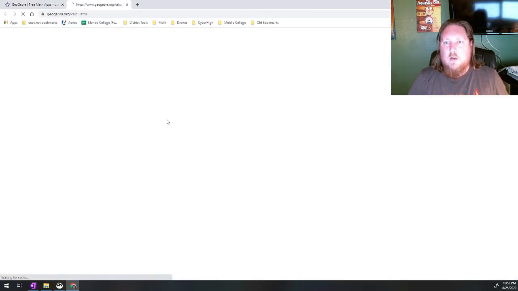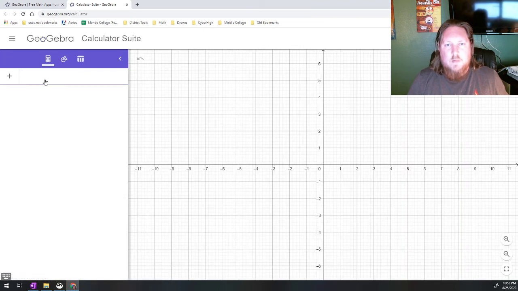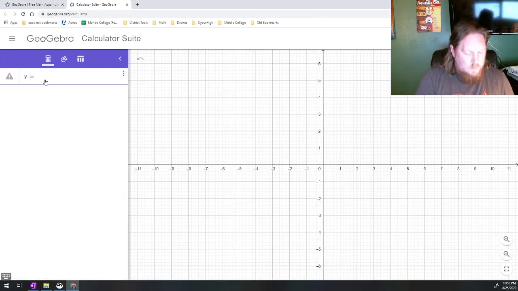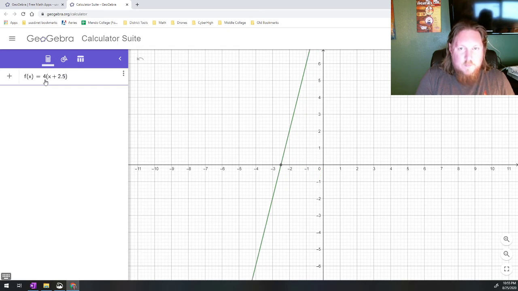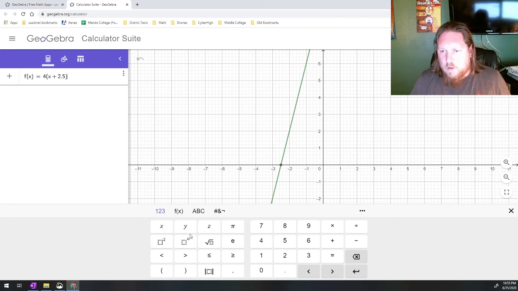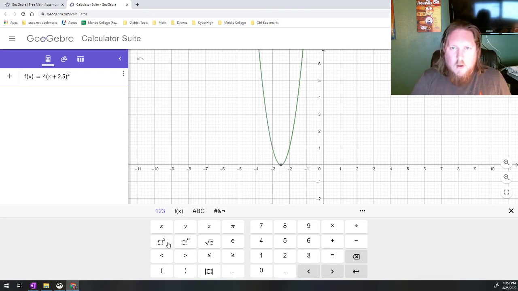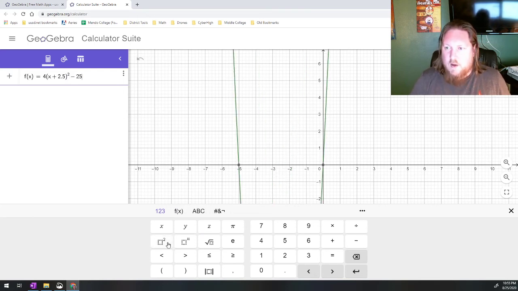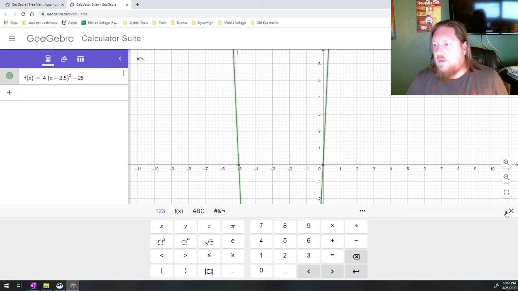Let's go to the calculator and let's type it in. f of x equals 4 times (x plus 2.5), and then we're going to square that one, minus 25. All right, so there's my function.